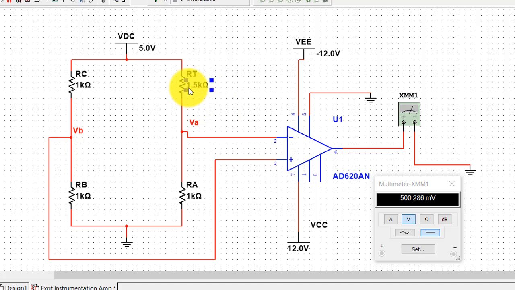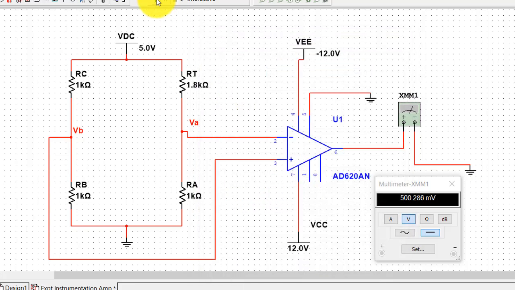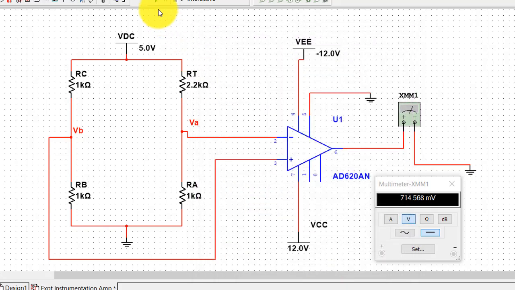Then we will stop it, again change the value to 1.8. Yeah, the voltage is 714.56 millivolt. Now we change the value to 2.2K, which is our last reading. So we got 937.77 millivolt at the output.